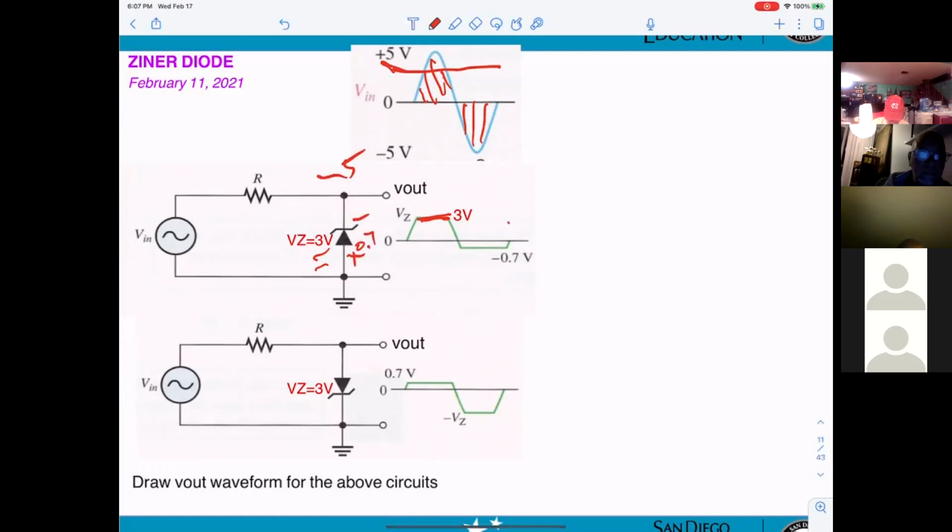So that's why when they measure this part here, it will be minus 0.7. Oh, okay. Get that?